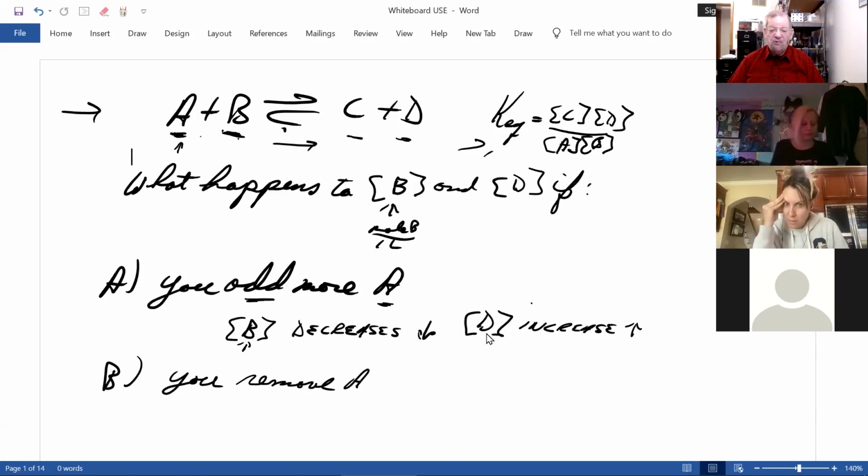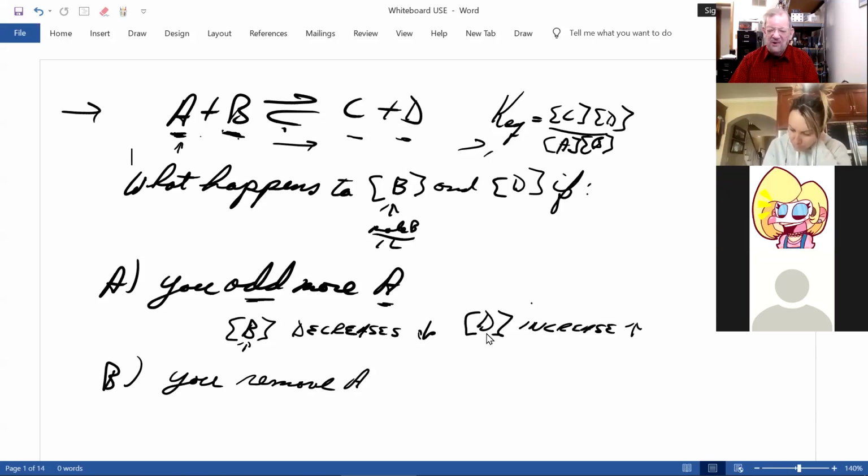Let's assume we remove some A. If you remove some, it has less than it should have. And the equilibrium, all the A, B, and C, and D, you know, they could talk to each other, say, oh no, we have not enough A. How do we get more A?